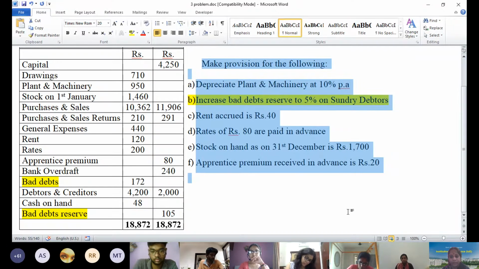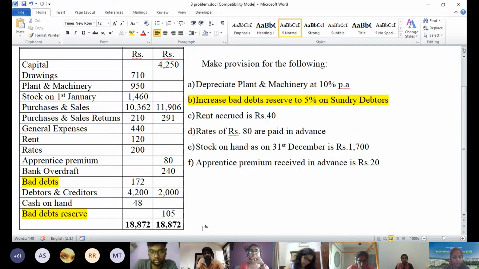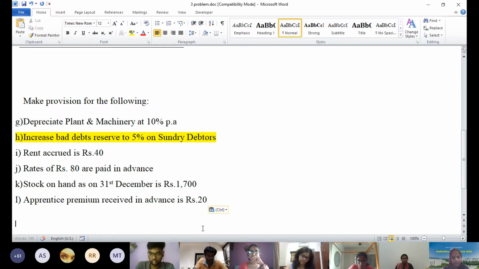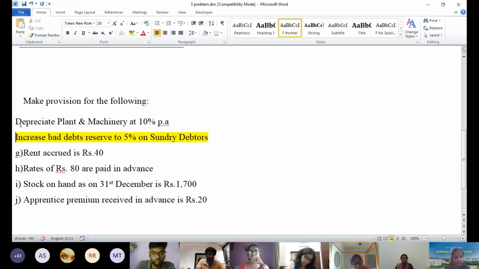So how do I go about doing this adjustment? I am doing the adjustments first, here. Depreciate plant and machinery. What is the amount? 950, ma'am. So 950 into 10%, what is that amount? 95.